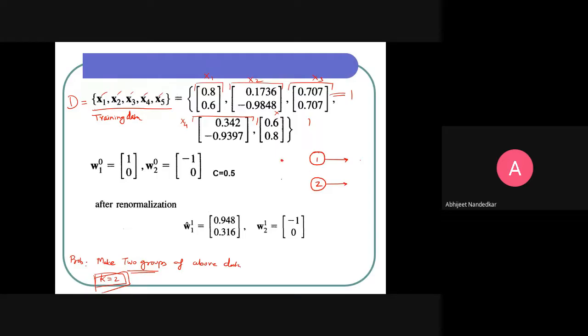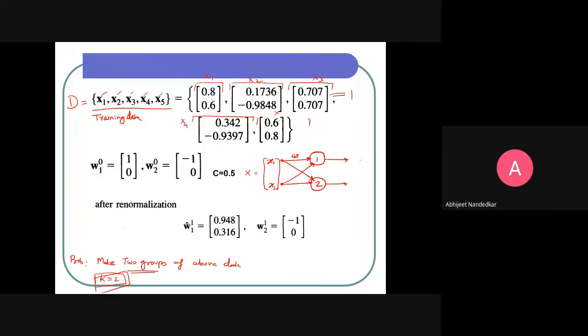So this will be the input like this. This is x1 and this is x2. Combined, this will form the input vector x.